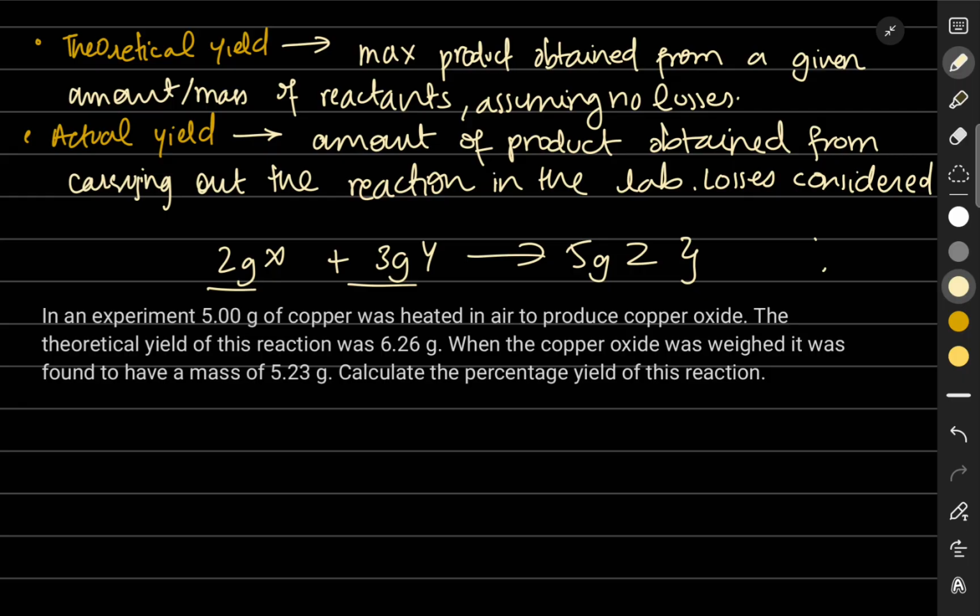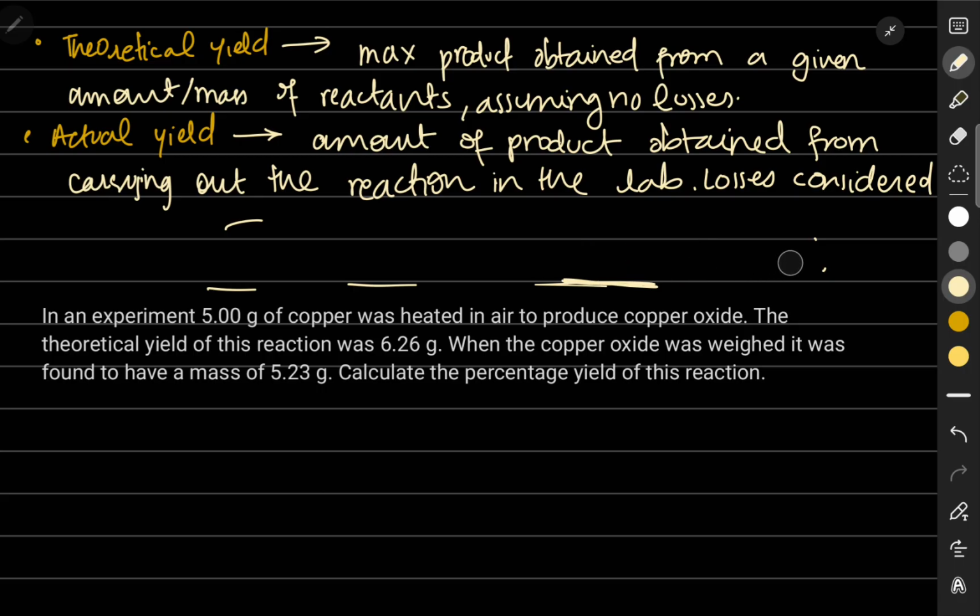You consider all the losses during transfer of the reactants from one flask to the other, the losses of product during purification, and any side reactions that are going on. And you also consider whether the reaction went to completion or not. When you're talking about theoretical yield, you're assuming the reaction was a complete reaction. Here, you're not having any of those assumptions.